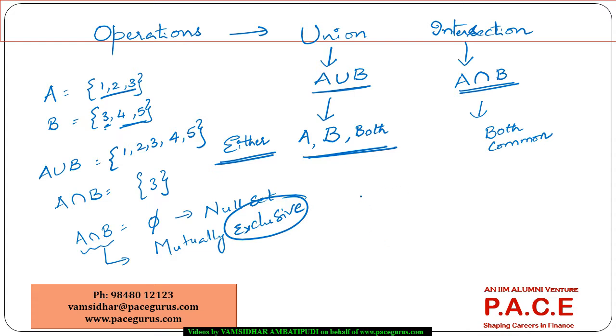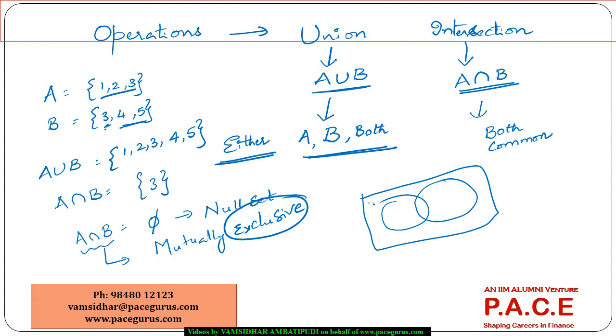Now, if I have to represent them in a Venn diagram form, this is the sample space. Let's say this is A, this is B. Then when we talk about A union B, this entire part is a part of A union B because it contains A exclusive, B exclusive as well as the combined part.